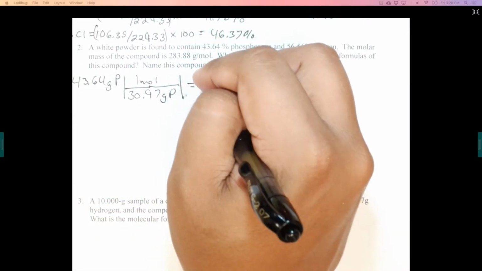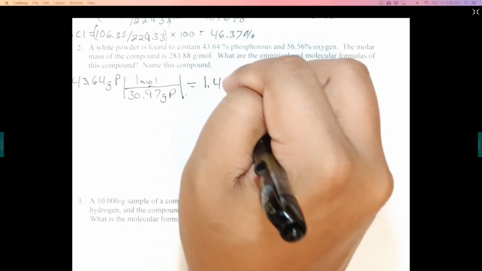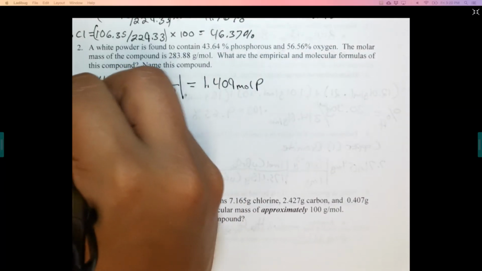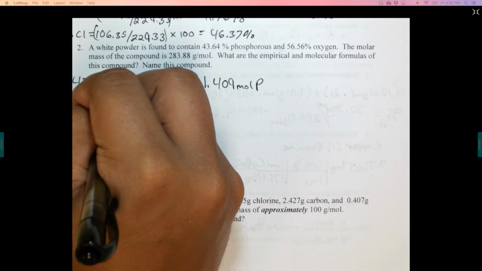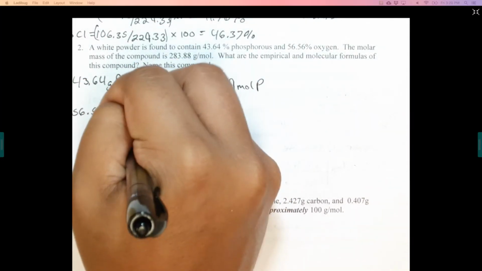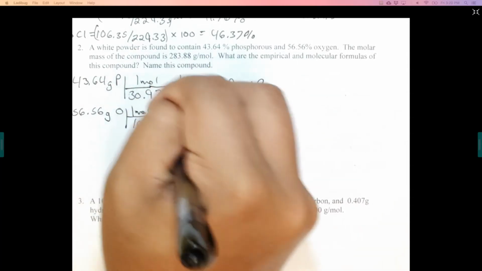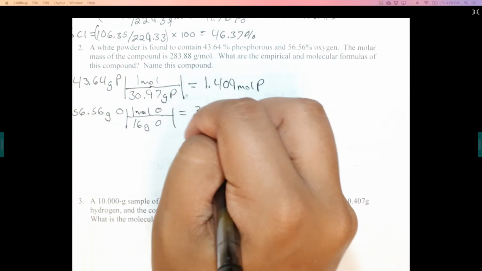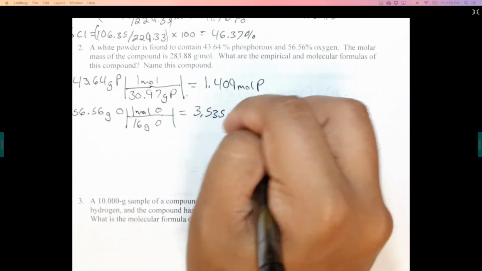This is equal to 1.409 moles of phosphorus. Now, if we do the same process for oxygen, 56.56 grams of oxygen, we know that 1 mole of oxygen is 16 grams of oxygen, also from the periodic table. And this value ends up being 3.535 moles of oxygen.